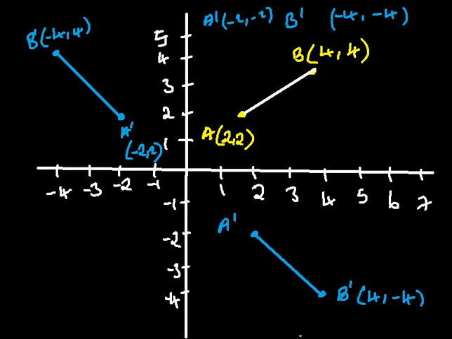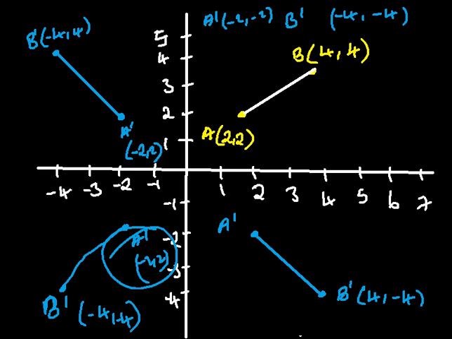Negative 2, negative 2 is the point, and negative 4, negative 4 is the other point. That should be the A image, and this is the B image. Anyway, that's how you used to have it.